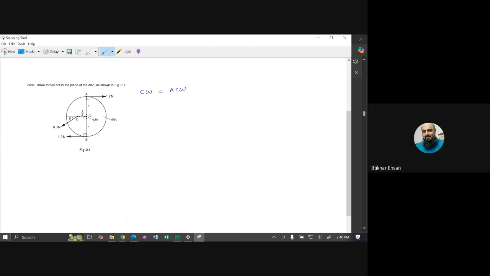I am asking, do you see any clockwise force there? Yes, sir, the 1.2 N forces. Yes, but these are two equal and opposite forces, 1.2 from A. So it means they form a couple. Two equal and opposite forces form a couple. So here, what is the formula for the moment of a couple?